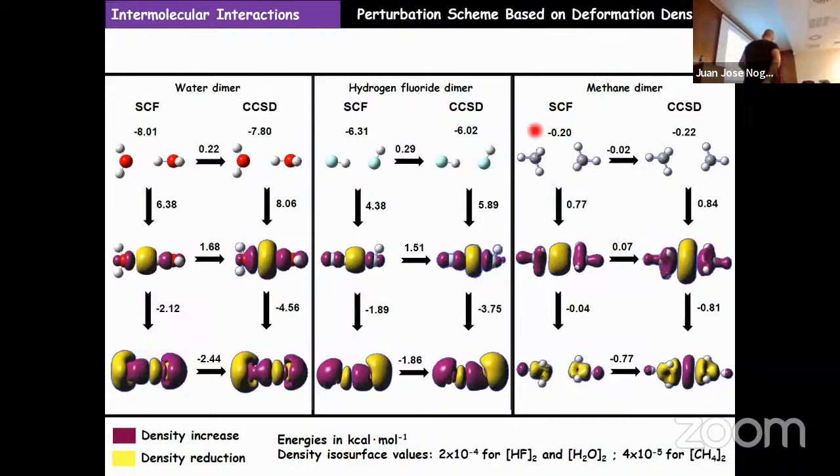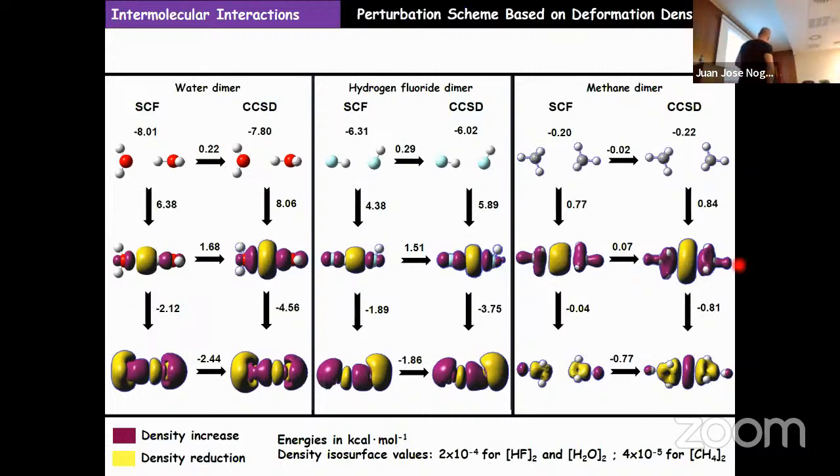And we can see that the electrostatic energy doesn't change much when going from SCF to CCSD. It's very small, the electrostatic energy, because classically it should be zero. In quantum mechanics, it's not zero because the overlapping between the molecules has an associated electrostatic energy. We can talk about this if you want. But it's almost zero, but not zero.